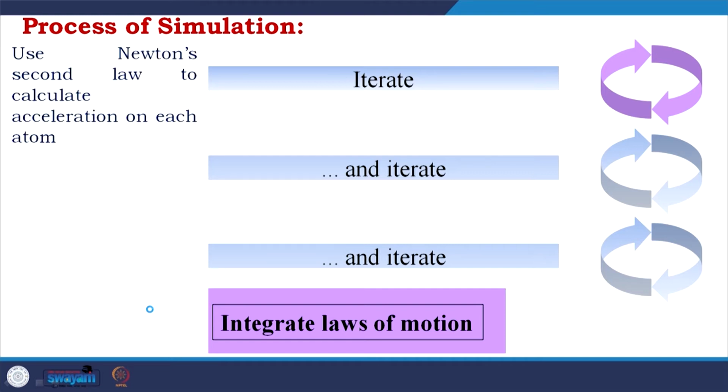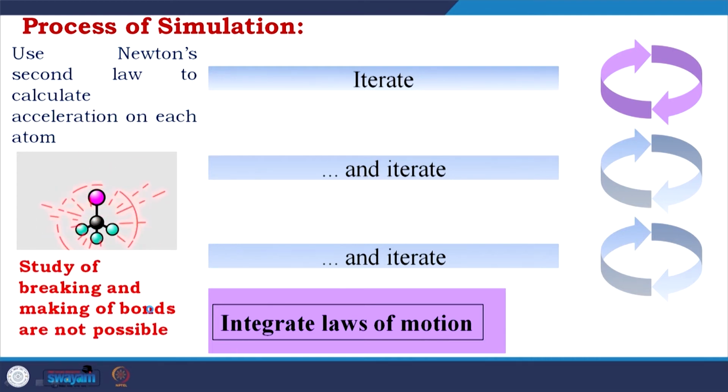So, here we use Newton's second law to calculate the acceleration on each atom, and you are allowing the stretching by considering classical physics, but you are not considering the bond breaking. So, the study of breaking and making of bonds is not possible in this scenario.